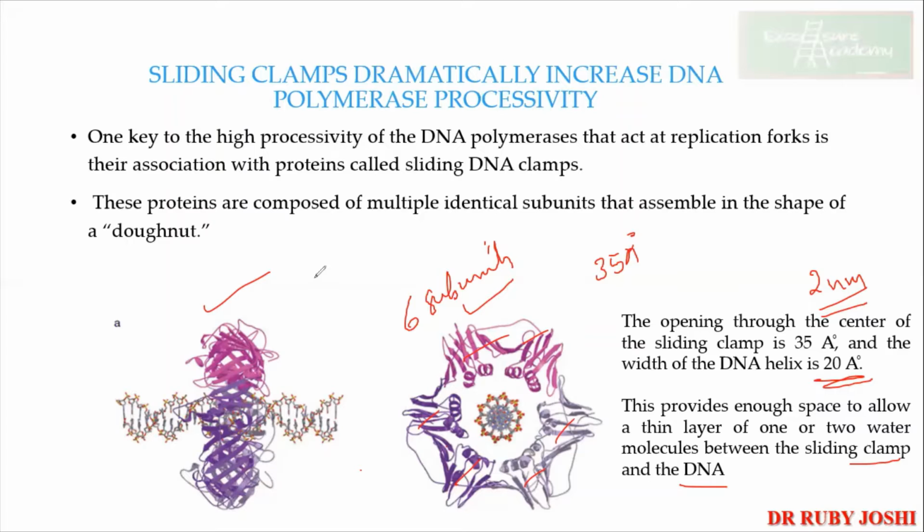Every time a water molecule is present, it is for interactions, and the kind of interaction a water molecule gives is always hydrogen bonds. So it helps in the interactions between the protein, the sliding clamp, and the DNA. Here we have small, weak associations in the form of hydrogen bonds. Good.